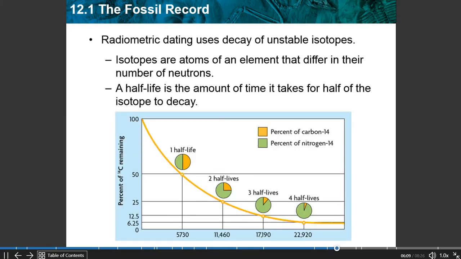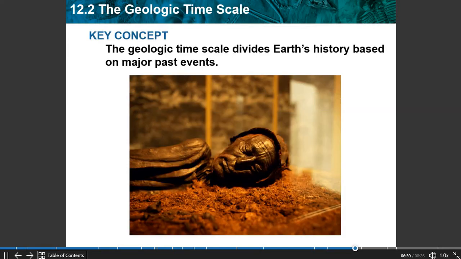So by looking at how much of this carbon is in the organism, and what it should have been at the time that it was alive, you'd be able to figure out how old a fossil is.